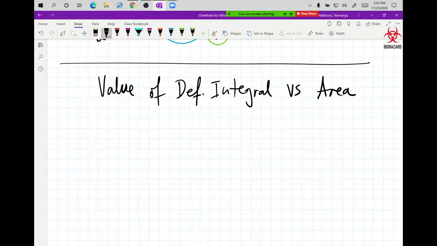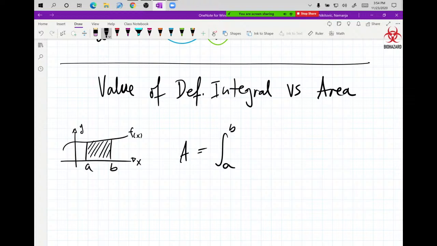So what we have discovered in our first lecture, and I was very careful to ask just a particular type of question, is we learned that if you have some kind of function f of x between a and b, you can find the area of the shaded region by simply running the integral like this, which eventually gives you a number, right?